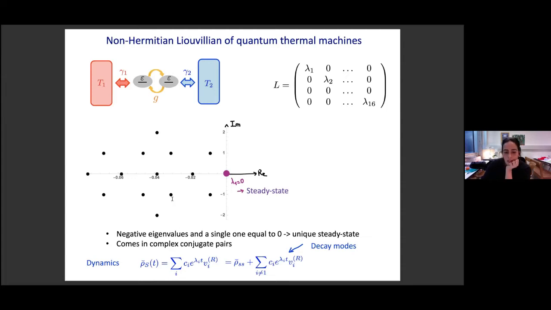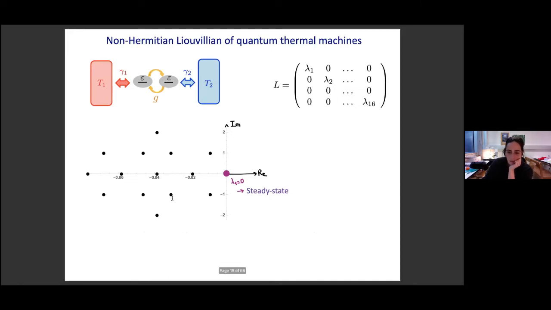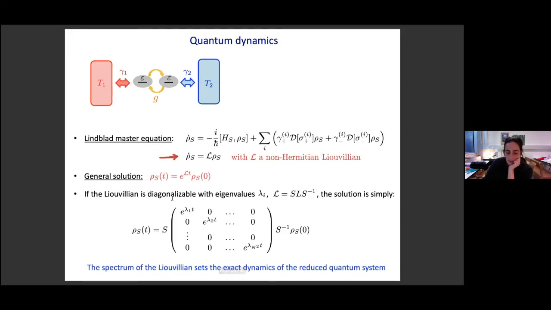If you're not very familiar with that, you can see it easily here. You see the density operator at time t is set by this matrix with the eigenvalues. And if all eigenvalues here have a negative real part, all these terms will decay exponentially to 0.